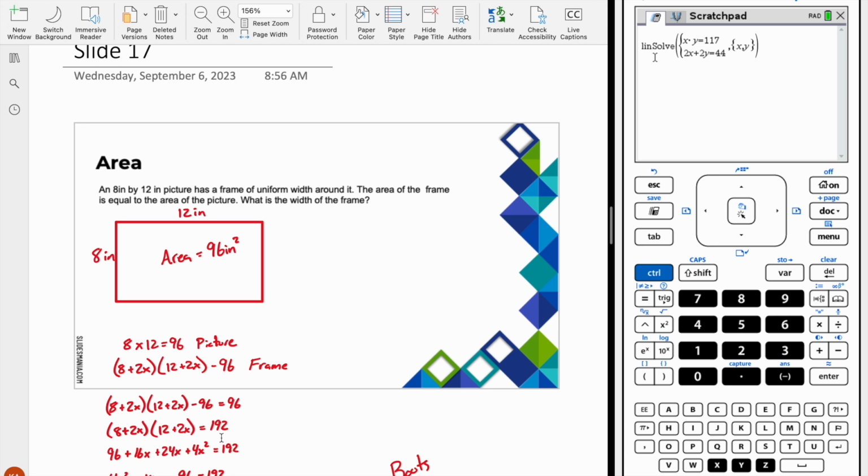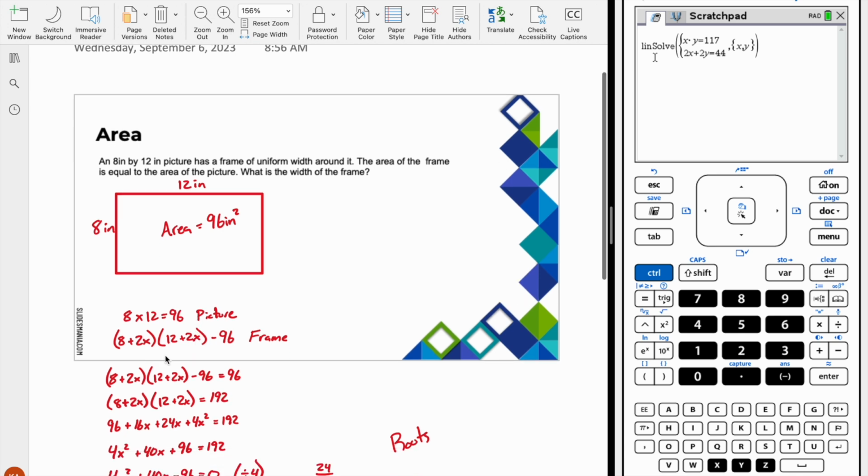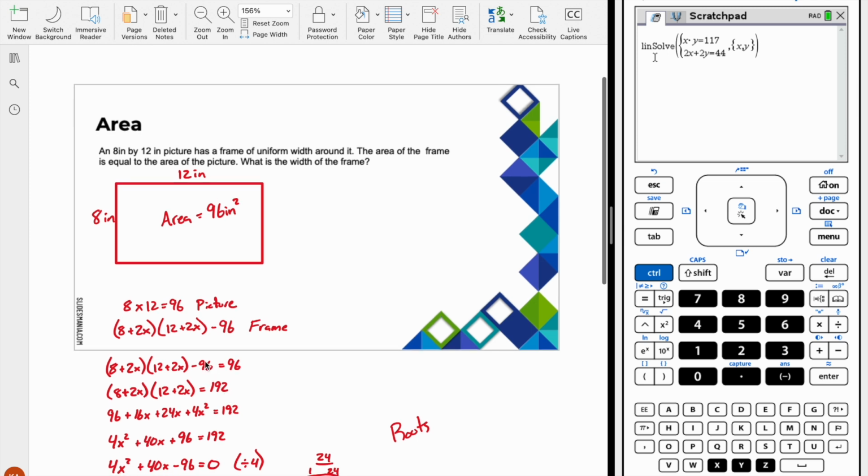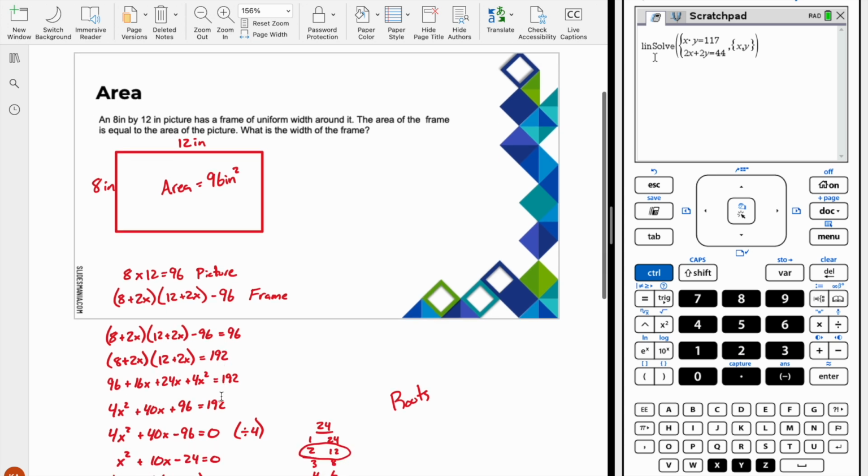We FOIL out our left side, and we end up with 96 plus 16x plus 24x plus 4x squared is equal to 192. Keep in mind the 192 is coming from adding 96 to both sides.